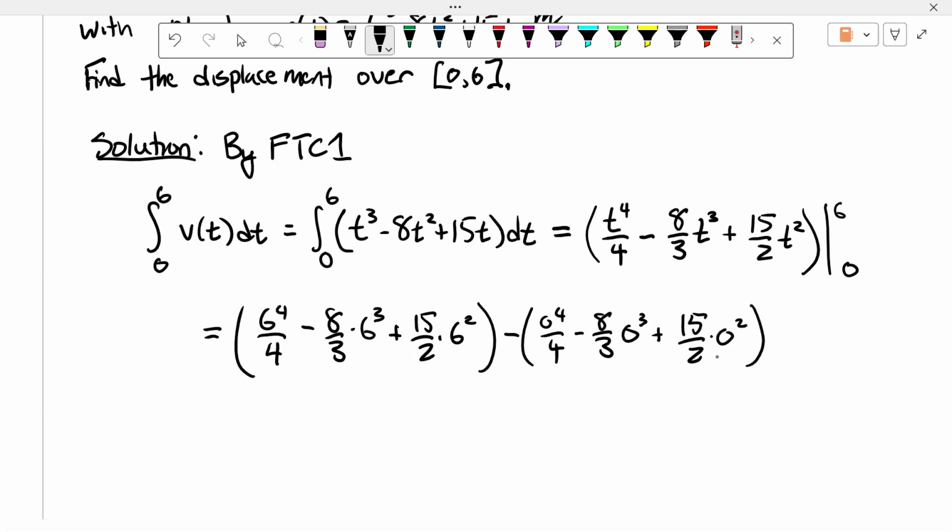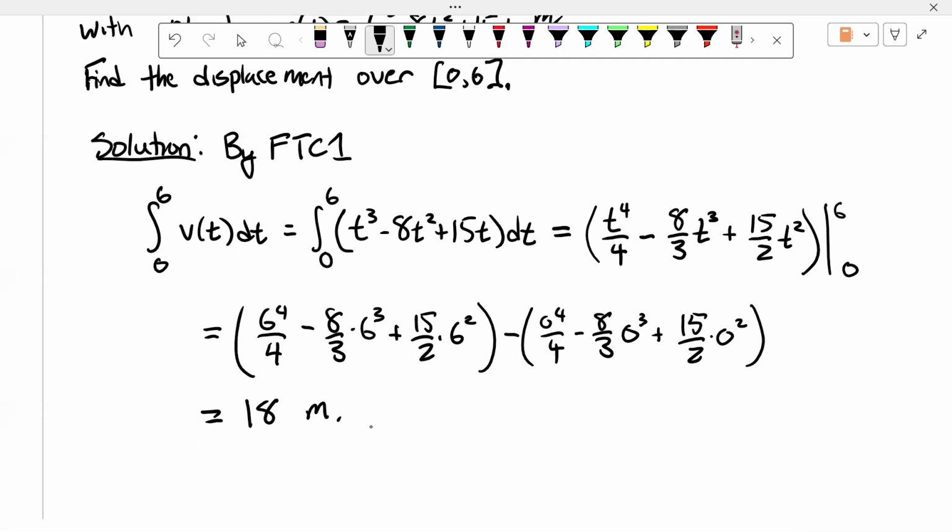That's just silly. Only this term ends up producing anything, and if you used your calculator or something to that effect, it's just 18. So it'll be 18 meters. That's the displacement. That's it.